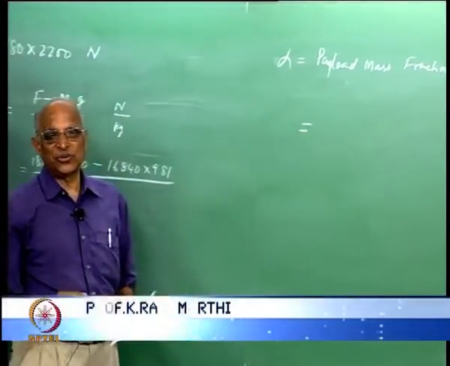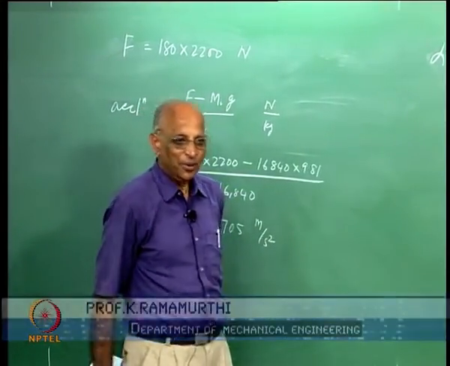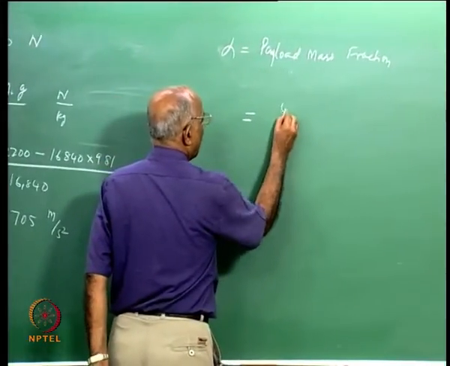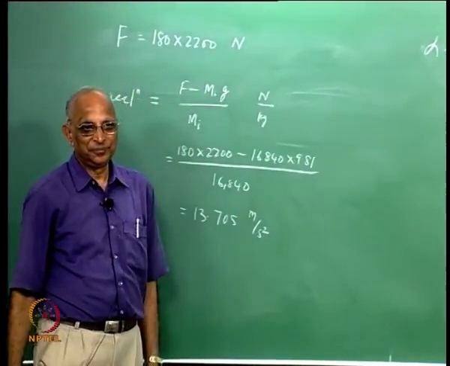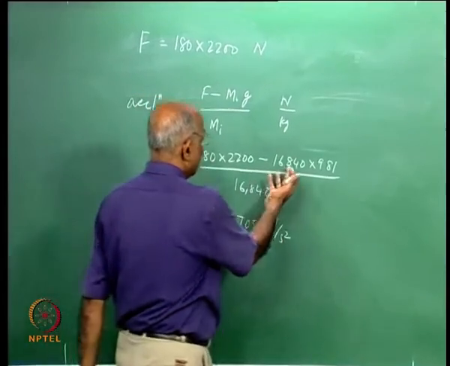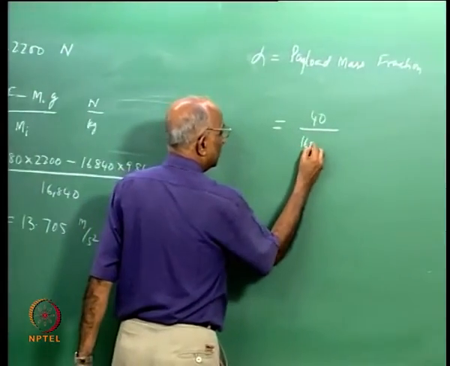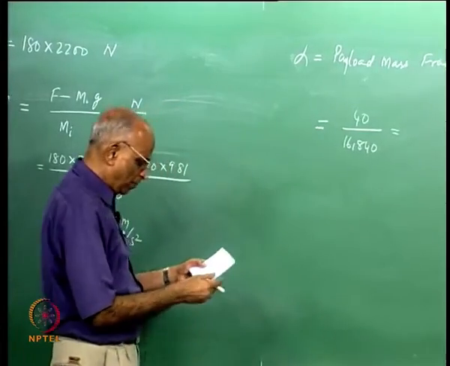Can you tell me what it should be? Useful payload, exactly 40 kg divided by the total vehicle weight, which we said is something like 16840, and this number comes out to be a very small number.